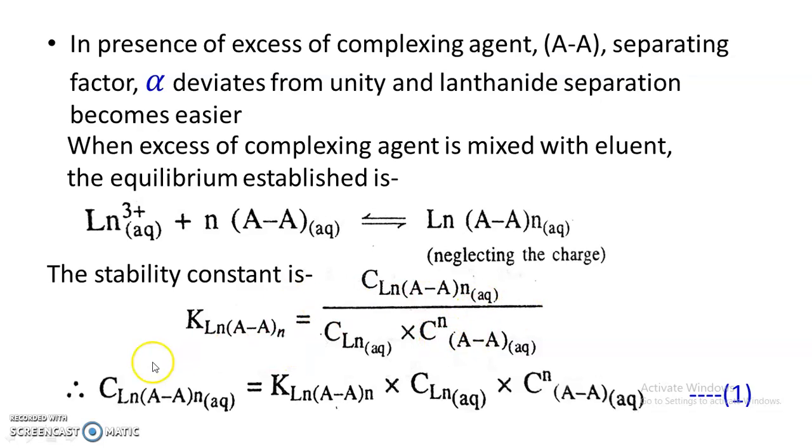By rearranging this equation we get the concentration of Ln AA n, that is the concentration of the complexed lanthanide ion, equal to the stability constant of Ln A n into the concentration of lanthanide ion in aqueous into the concentration of complexing agent. So this is equation number 1.